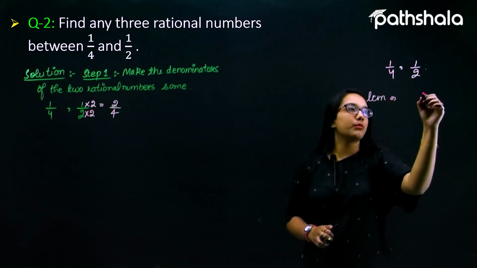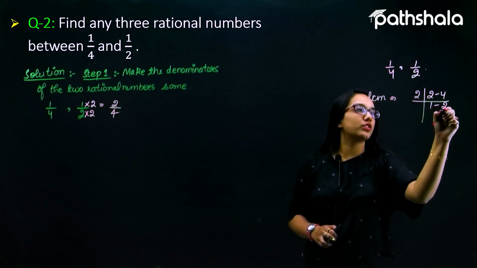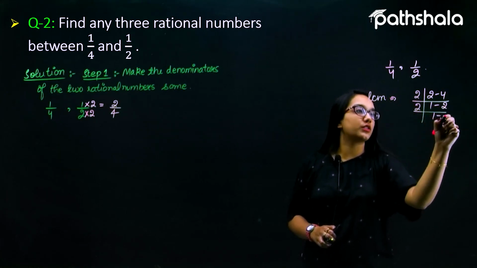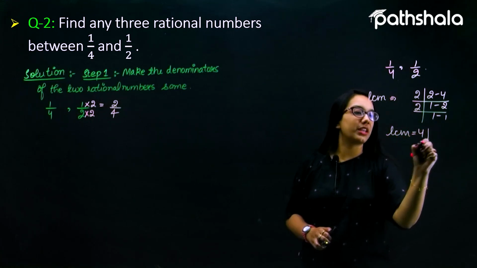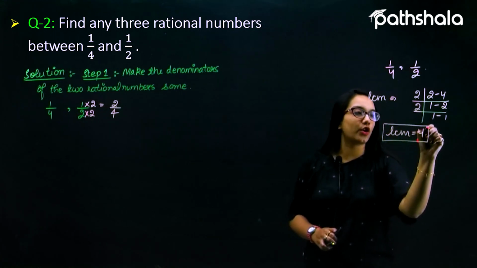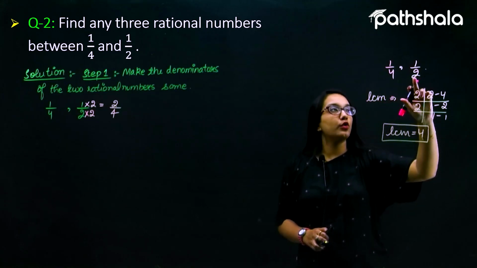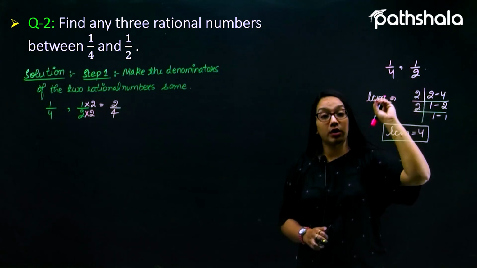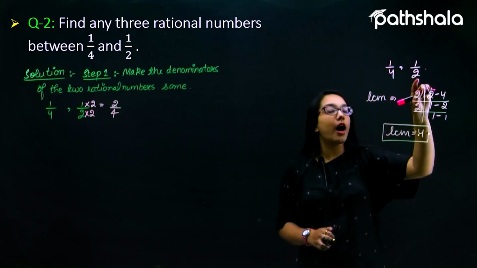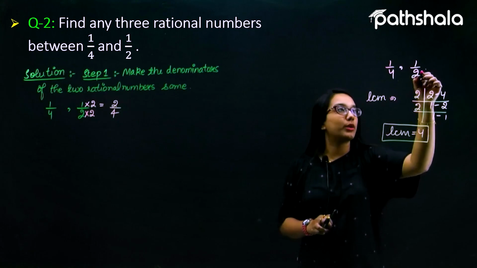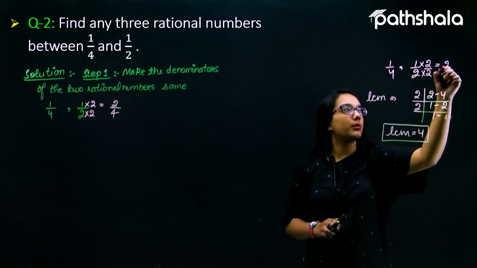The LCM of 4 and 2 is 2 1s are 2, 2 2s are 4, so the LCM is 4. It means we have to make the denominator of both fractions 4. This is already 4, but to make the denominator of this half 4, we have to multiply 2 over here and 2 over here. So this will be nothing but 2 by 4.